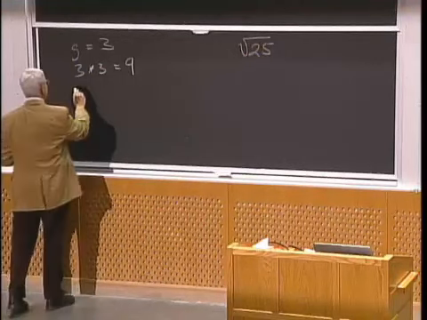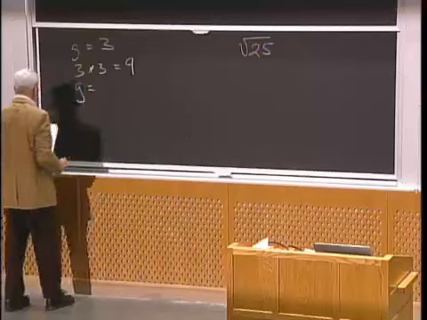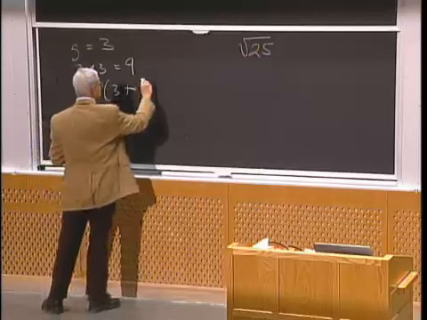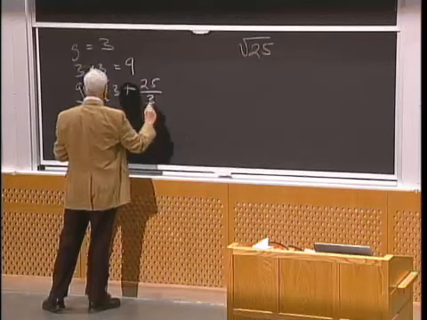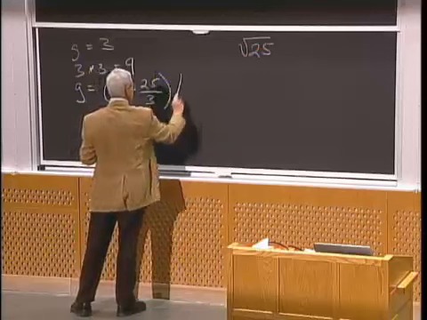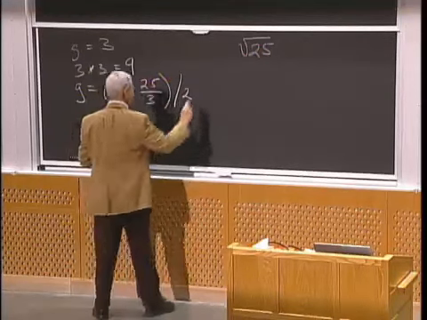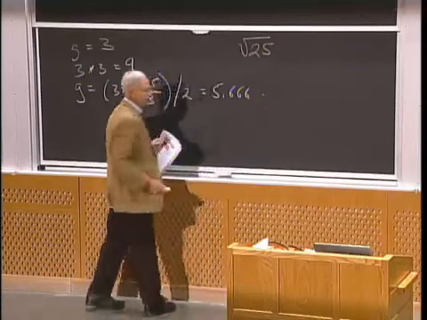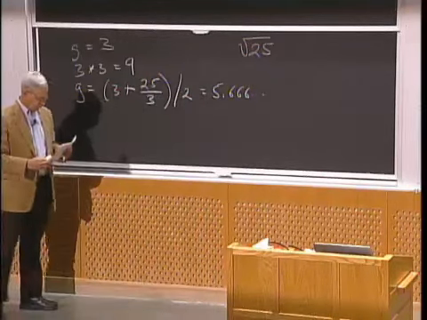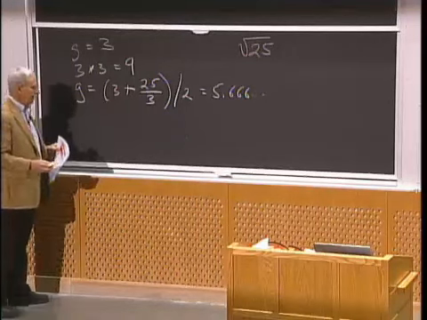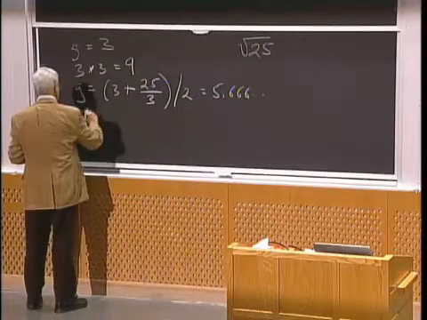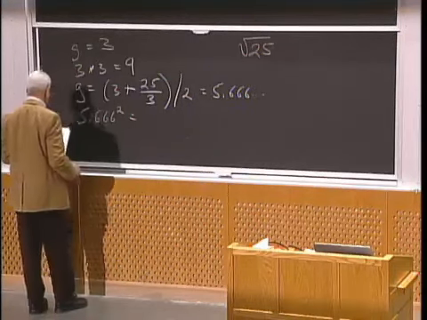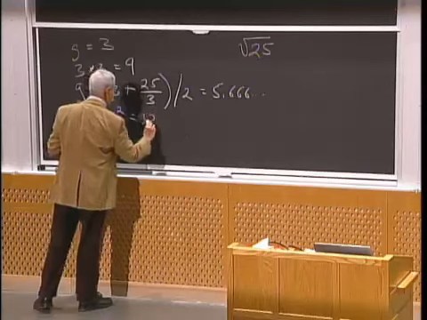So we'll reset G. And we'll set G to 3 plus 25 over 3, all of that over 2, which equals 5.6666, et cetera. All right, so now we'll multiply that by itself, and that gets to be about 32.04.